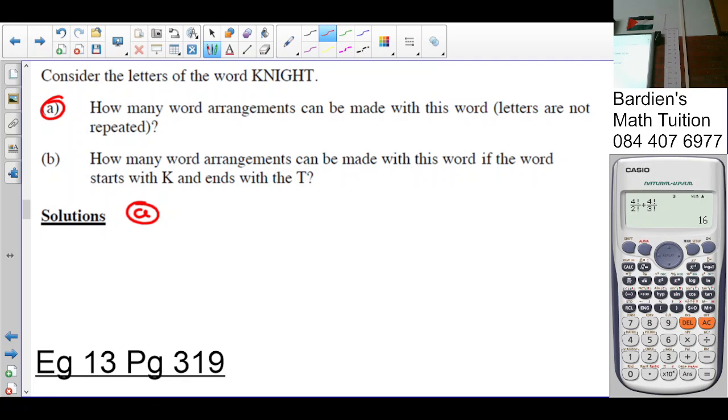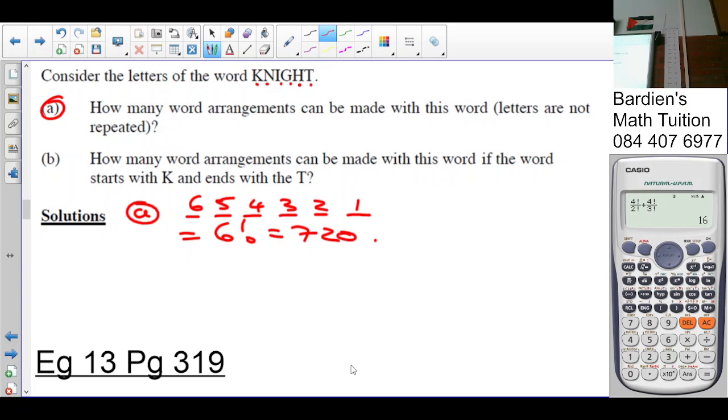But there are no repeated letters there, so it's not going to affect it anyway. So, how many blanks would we have here? 6. How many options do I have here? 6. Then 5. Then 4. 3, 2, 1. Which is 6 factorial, 720. You all agree with that?